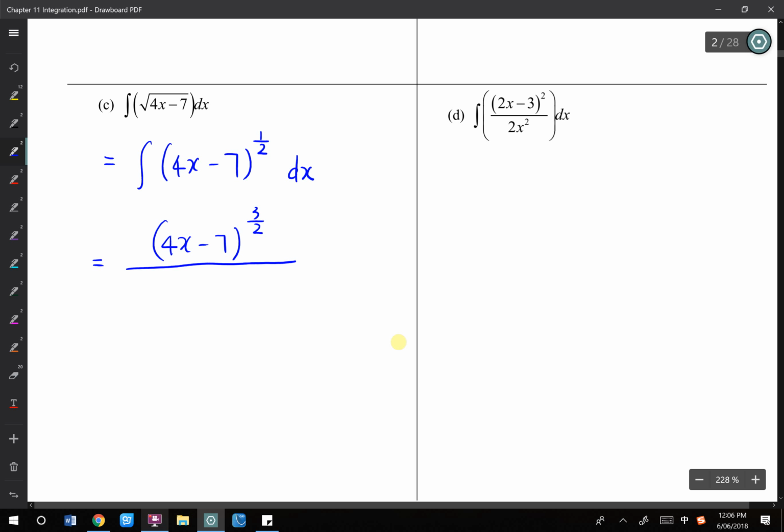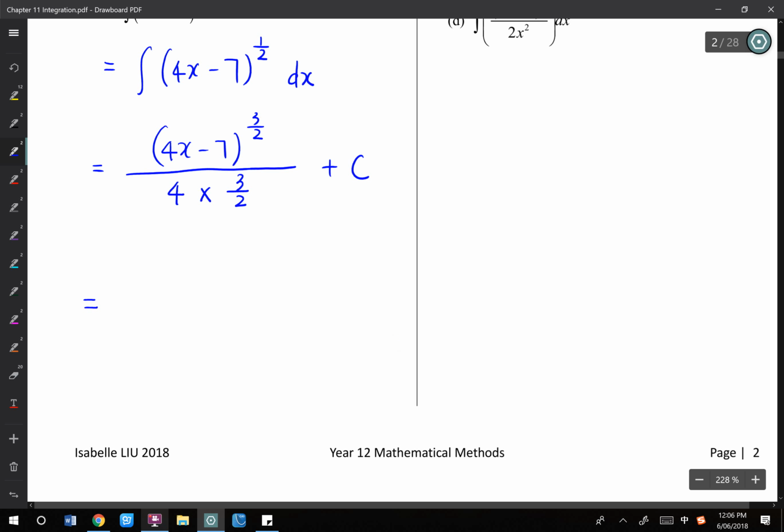We divide the a value, which is divide by 4. And we also need to divide by the new power we have, that's the 3 over 2. And then plus c value at the back. So what we have here is that's a 2, that's a 1 on 6, 4x minus 7 to the power of 3 over 2 plus c.